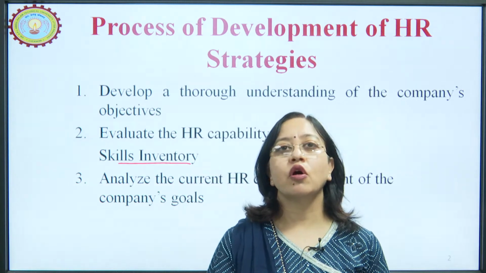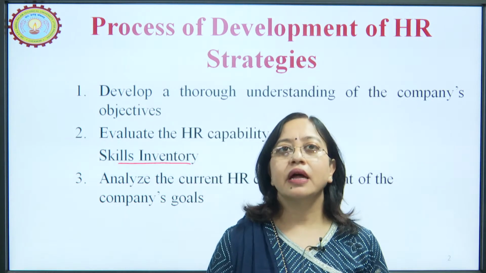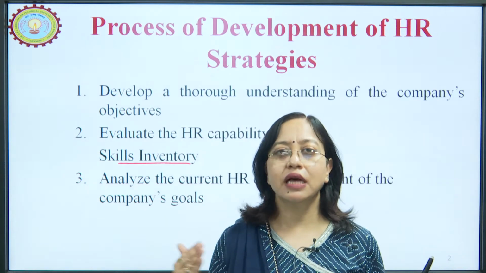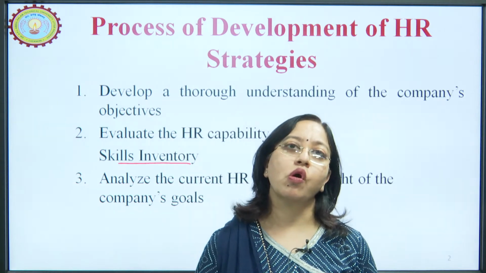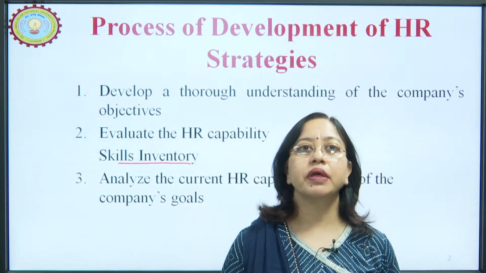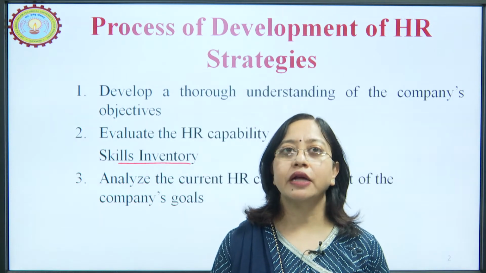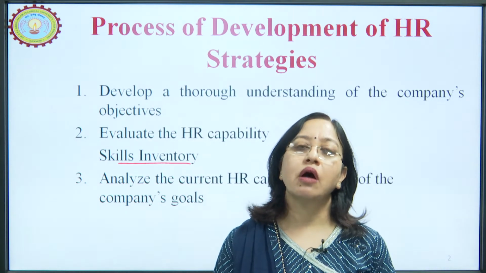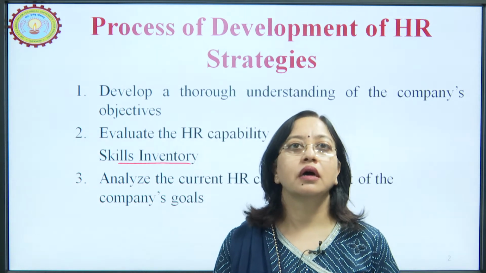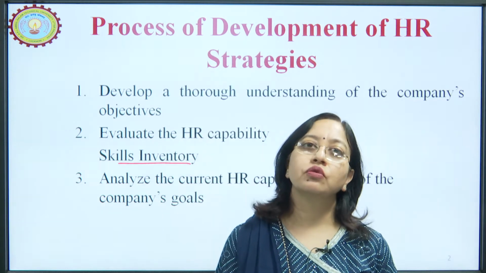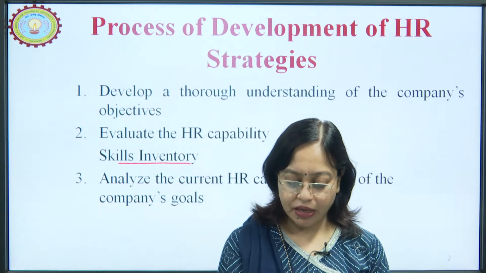Now we will try to correlate our objectives with the skills available, and in the context of the goals which the company wants to achieve, we will try to bring out an analysis of how far, through these capabilities and skills, the objectives of the organization can be achieved.